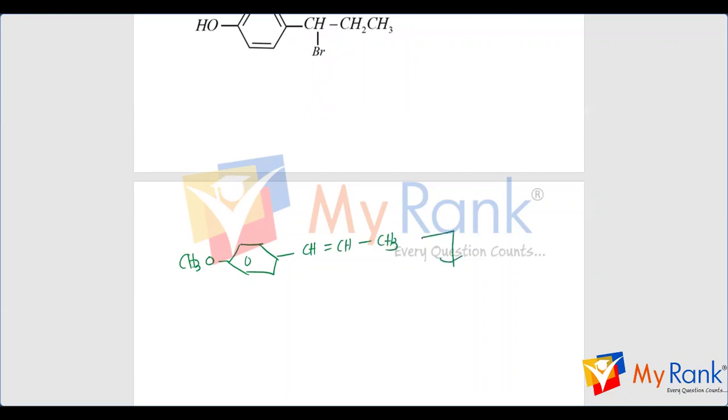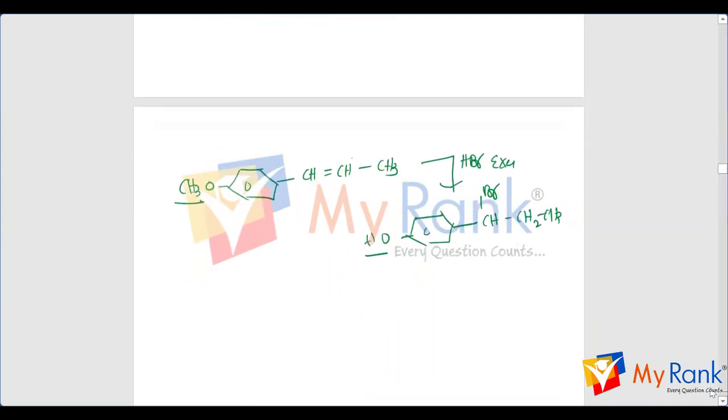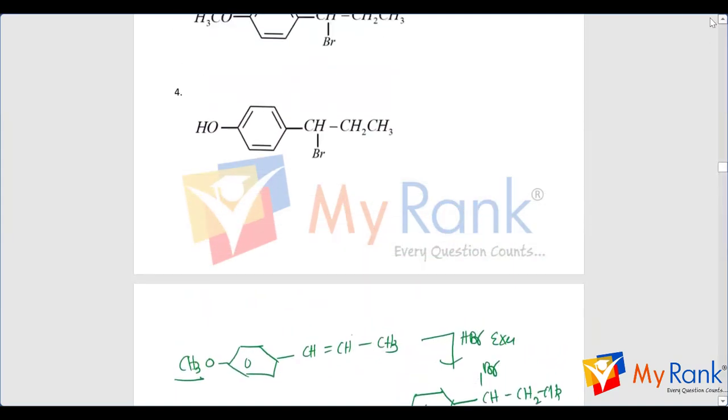Now, when it is reacted with excess HBr, this one is replaced by H and HBr is added to this one. Therefore, the product is OH, next one is CH, CH3 and Br. So the OH and the Br are attached to the benzylic carbon. Attached to which one simply? The benzylic carbon.